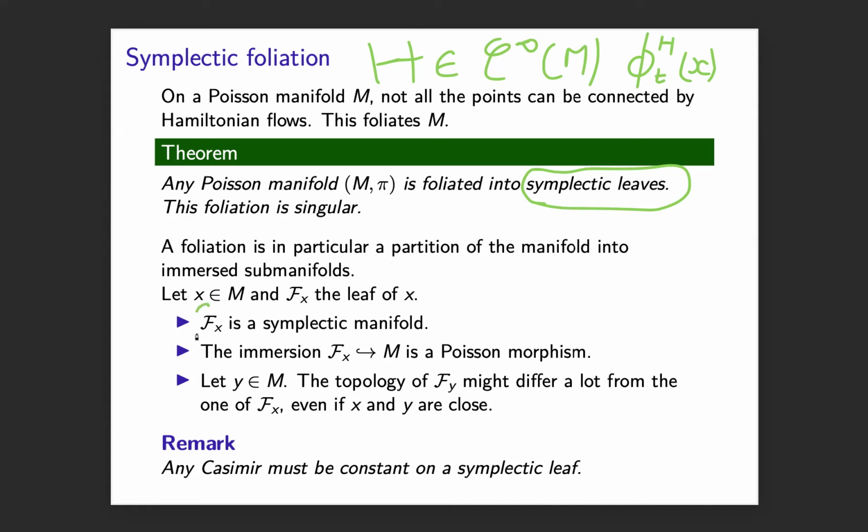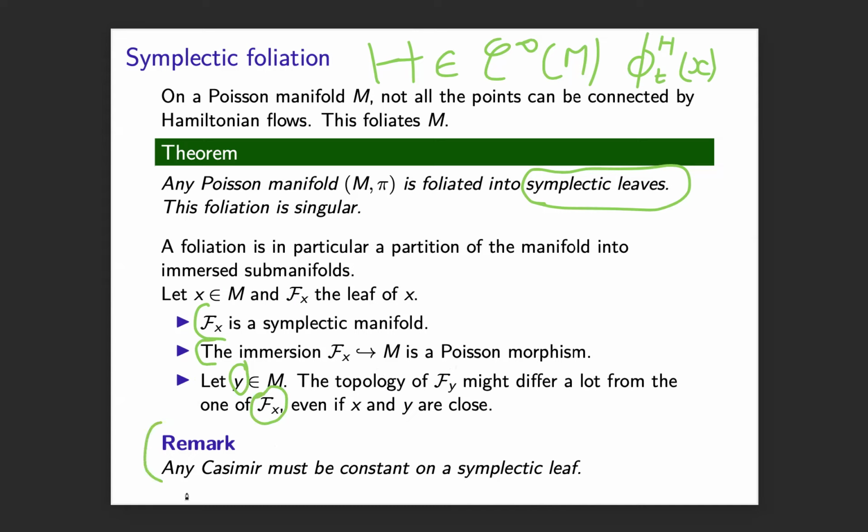Right, so every leaf is a symplectic manifold, and the immersion of any leaf into the ambient Poisson manifold is a Poissomorphism in the sense we defined it. And the topology of the leaf of y might differ a lot from the one of the leaf of x, even if x and y are close.